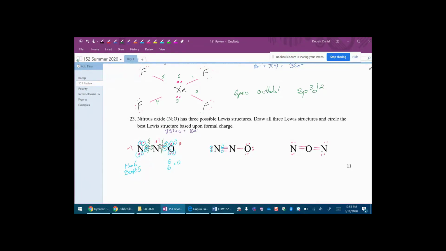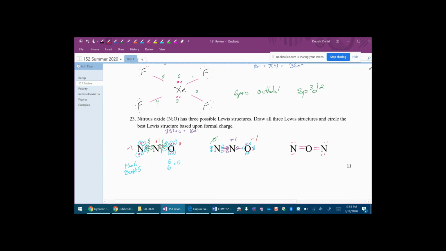Has 5, brought in 5, it's 0. Nitrogen in the middle: 1, 2, 3, 4. Plus 1, because it has 4, but it brought in 5. Oxygen: 1, 2, 3, 4, 5, 6, 7. Has 7, brought in 6. It is -1.